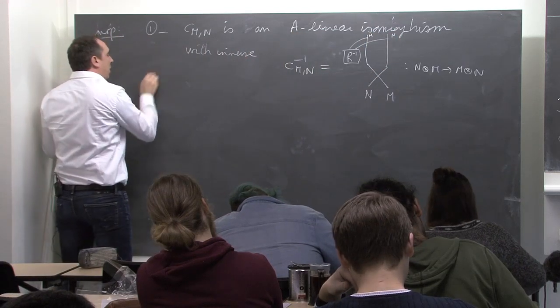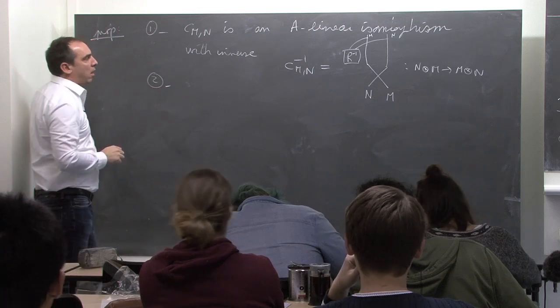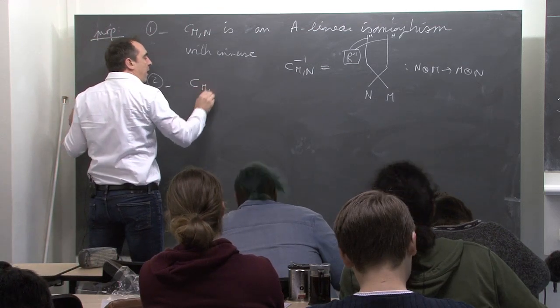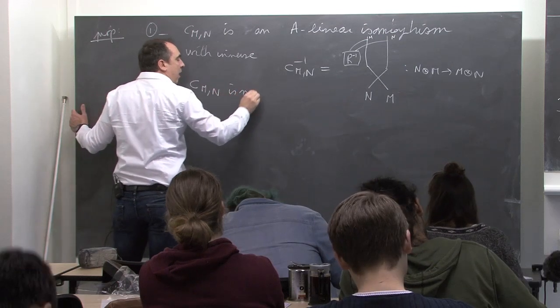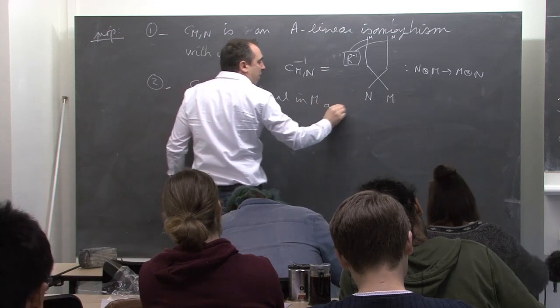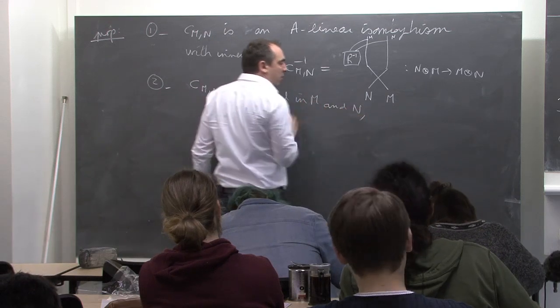And second, maybe I will say this property: C_{M,N} is natural in M and N. What does it mean?